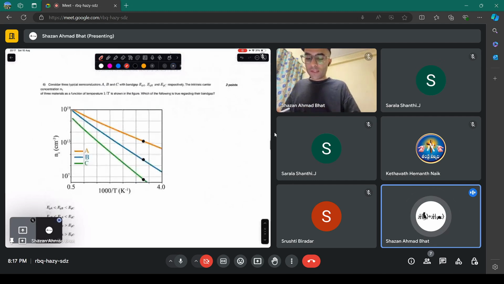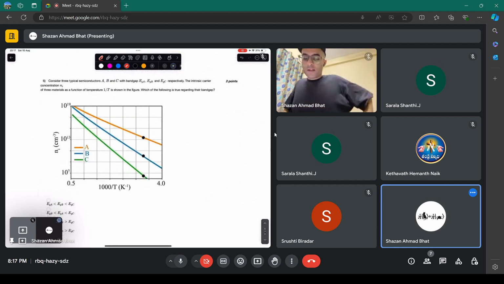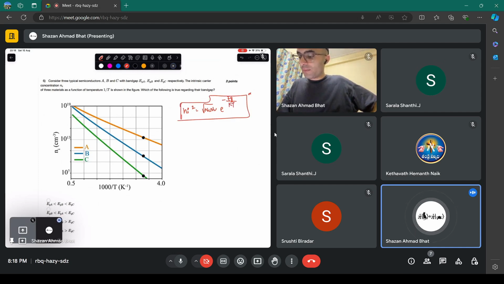Now, if you have an intrinsic semiconductor where the intrinsic carrier concentrations are given, there is a relation that ni squared is equivalent to NC NV e to the power minus Eg divided by kT. The professor might have talked about it, but this is a simple relation which comes from solving the density of states, considering the Boltzmann relation for the energy.